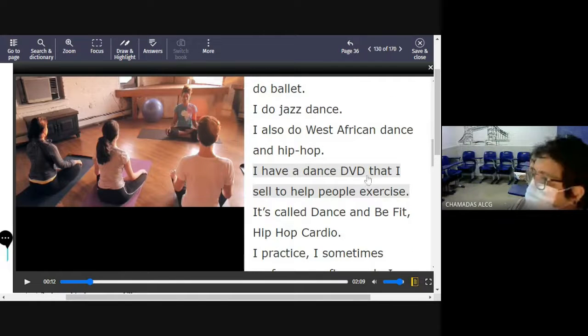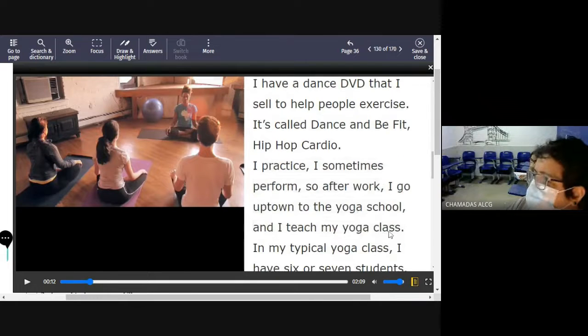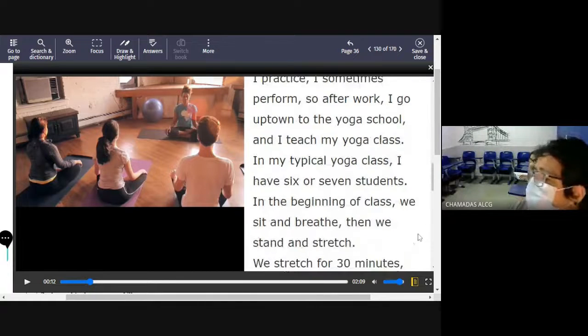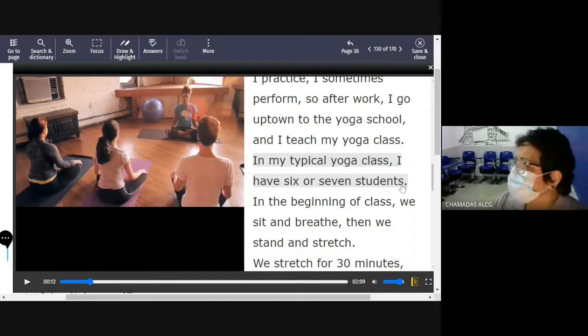I have a dance DVD that I sell to help people exercise. It's called Dance and Be Fit, Hip Hop Cardio. I practice. I sometimes perform. So after work, I go uptown to the yoga school and I teach my yoga class. In my typical yoga class, I have 6 or 7 students.